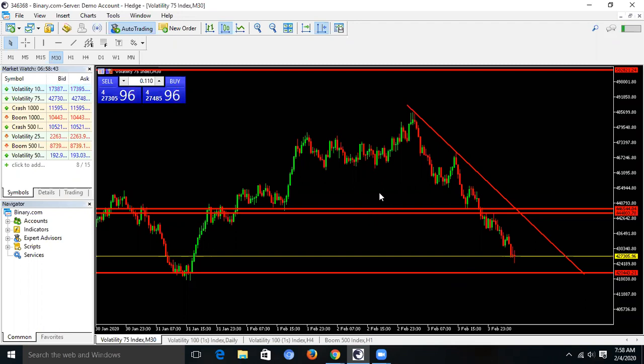What do I mean by that? If price is approaching a major turning point like this, and big candlesticks are touching that zone, the market may likely break through the zone.